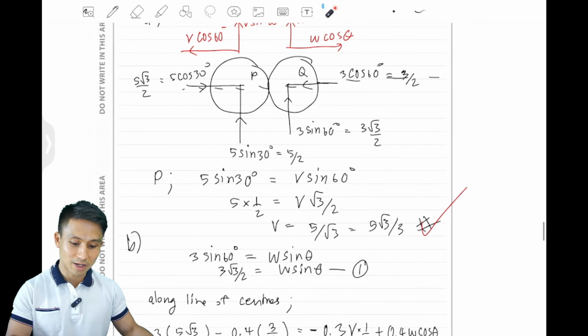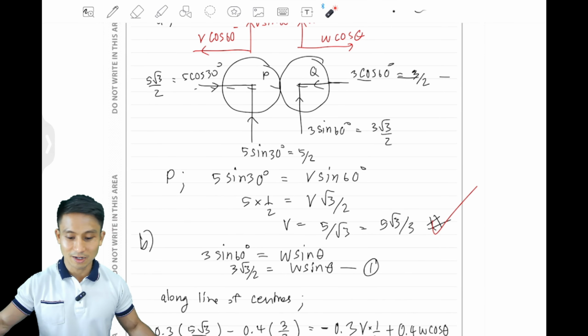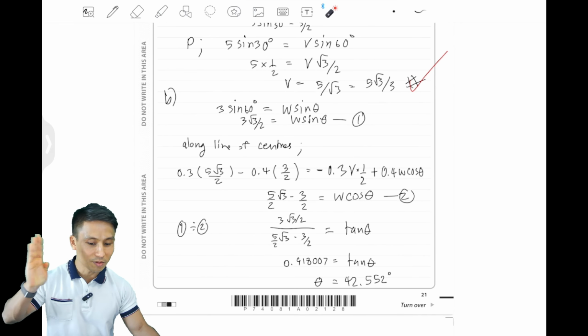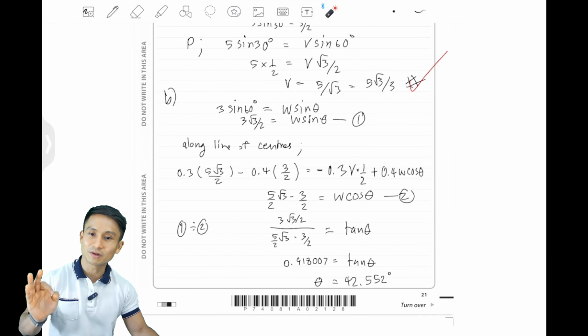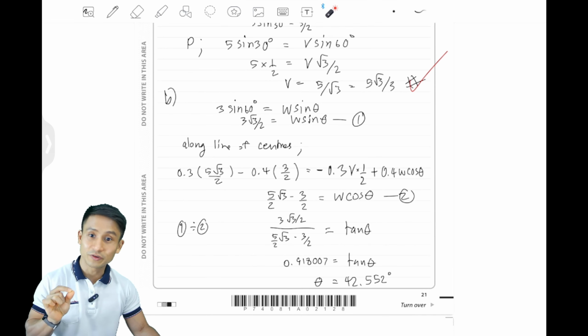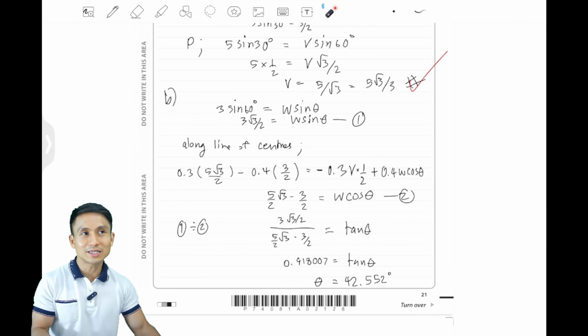That's why A was not that hard. And then later on, of course, you need to talk again about the conservation of linear momentum and also the coefficient of restitution. Basically this paper has about 4 collision or impulse questions.